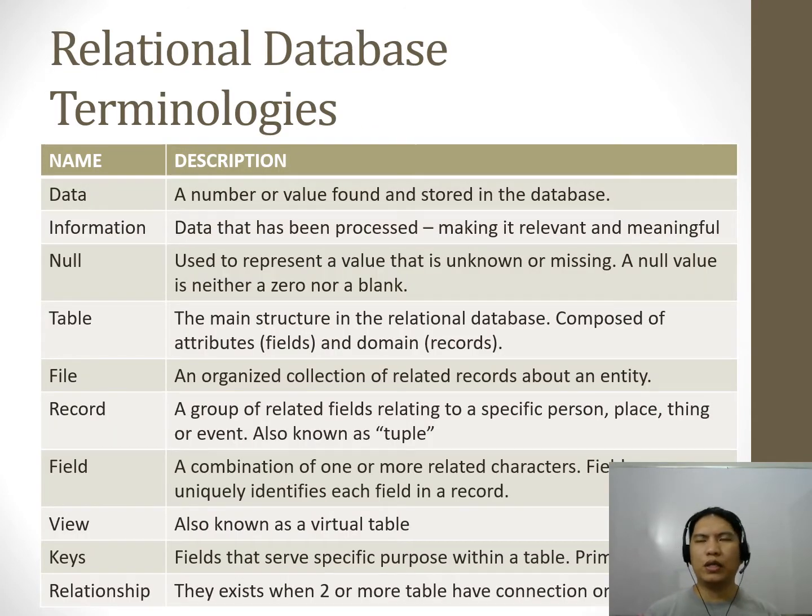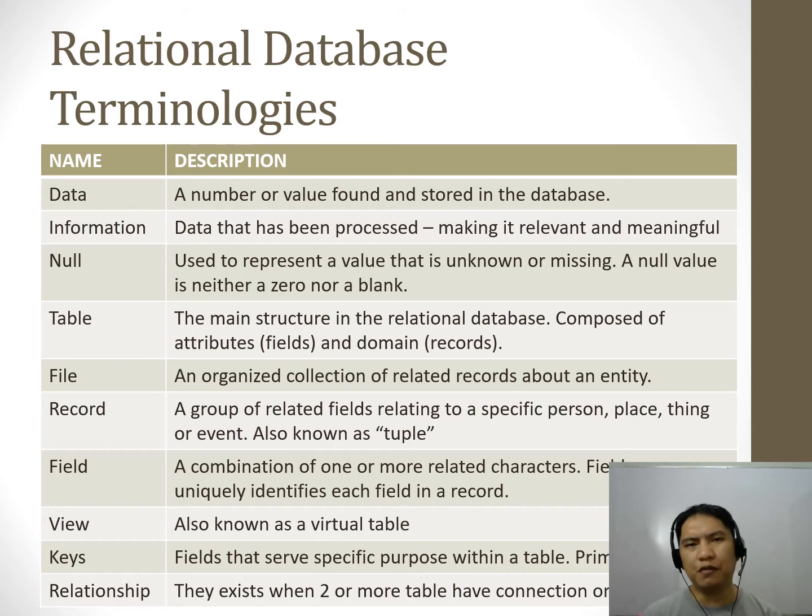All right, so when it comes to database terminologies, I hope you will not get confused with this one because a lot of students will easily get confused. But basically, the terminologies in databases are not that difficult to understand. So when we talk about data, this is basically referring to a number or a value that is found and stored in your database.